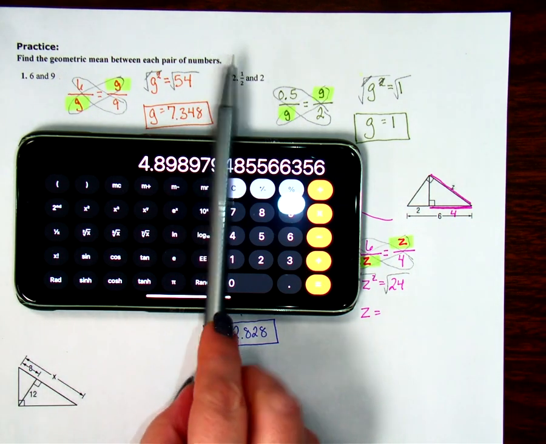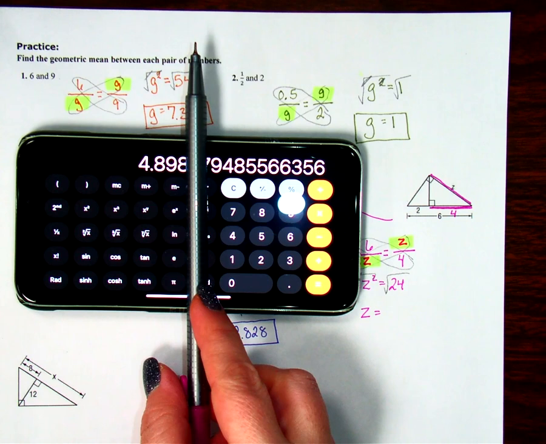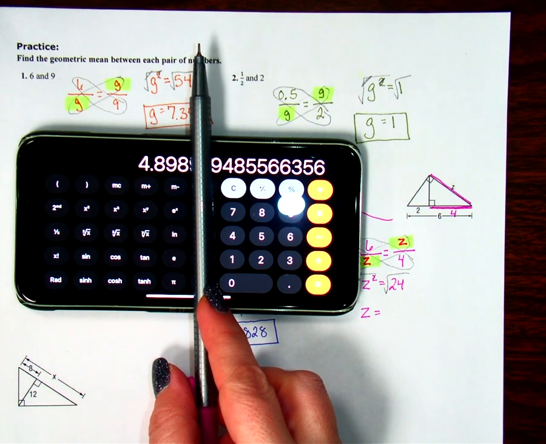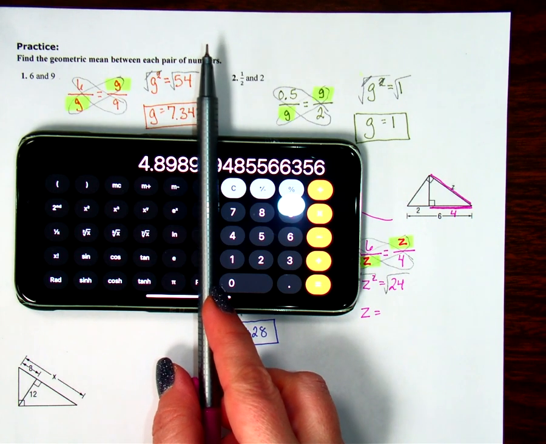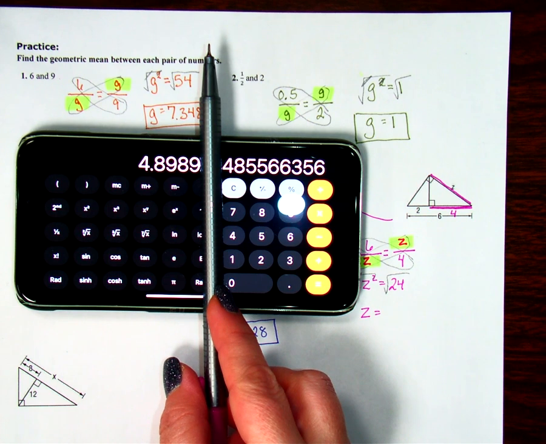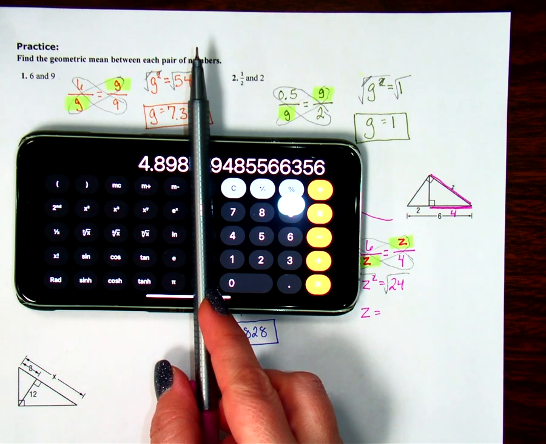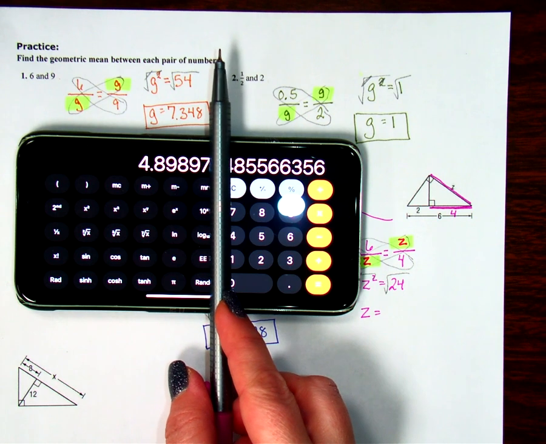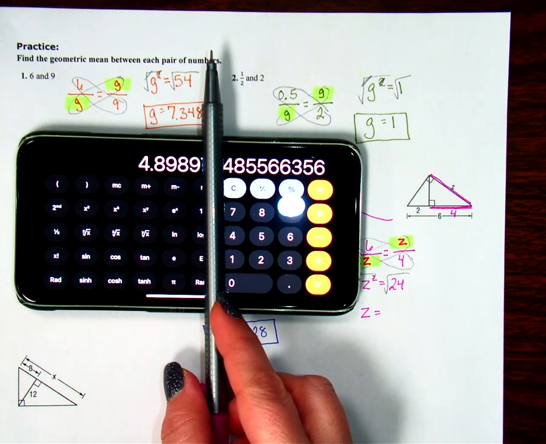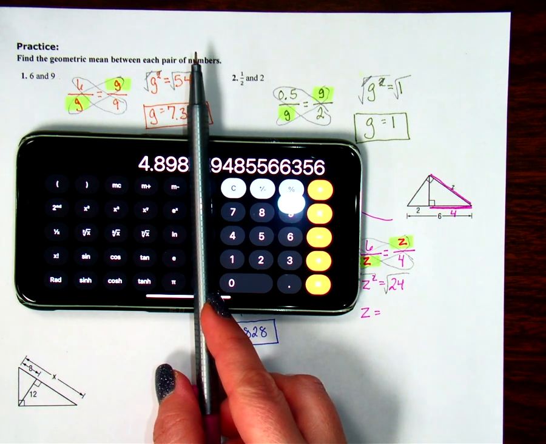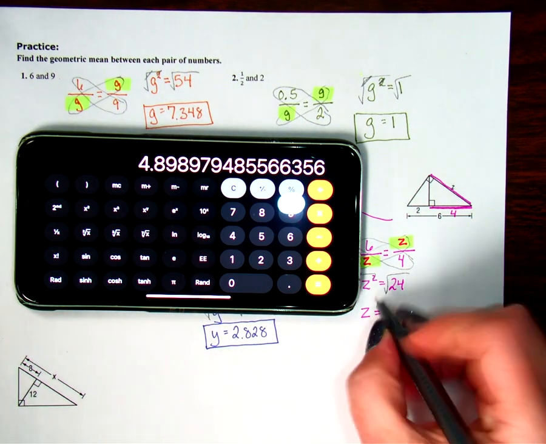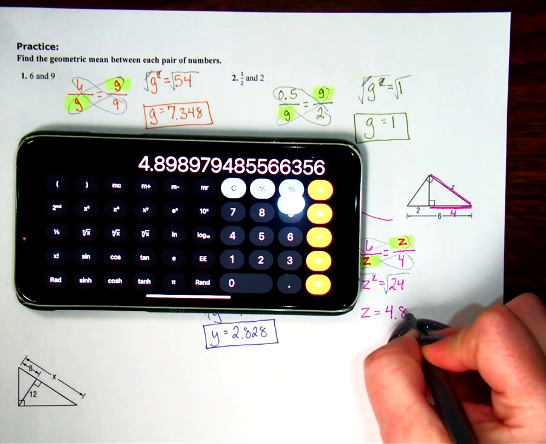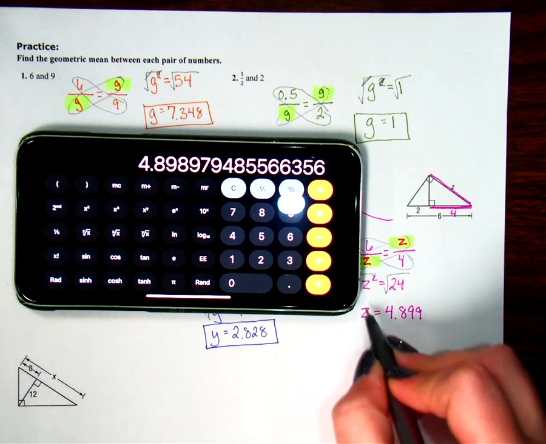So when I look at this, 4.898, and then I look after that 8 and it's a 9, so that means I need to round the 8 up, so I'm going to say 4.899. It's real tempting to try to double round here, but don't. You just round that 8 up one more, so it's 4.899. Only round one time. Don't keep rounding. Just one time.